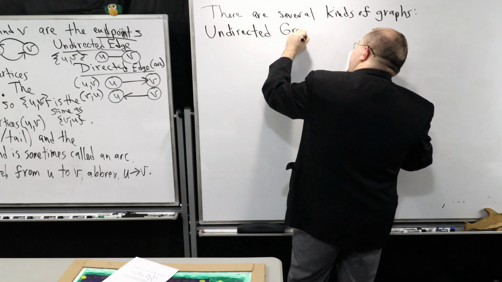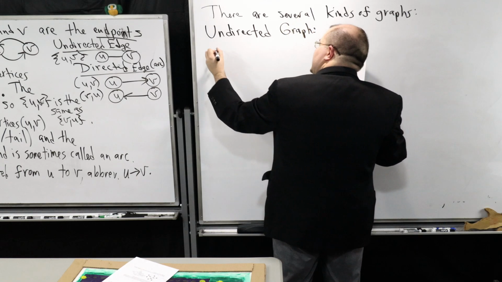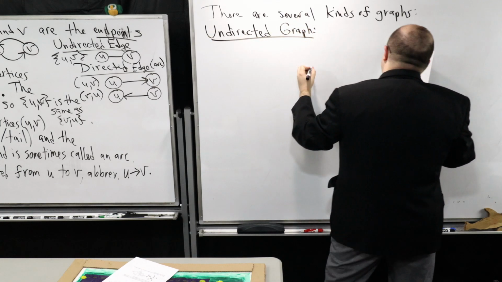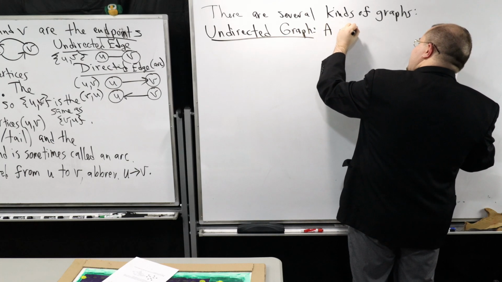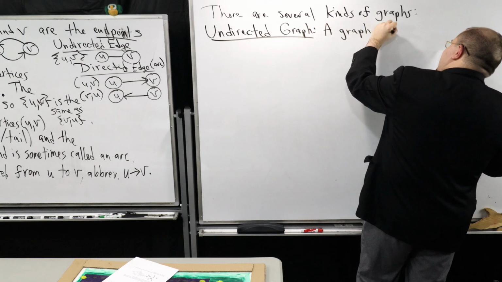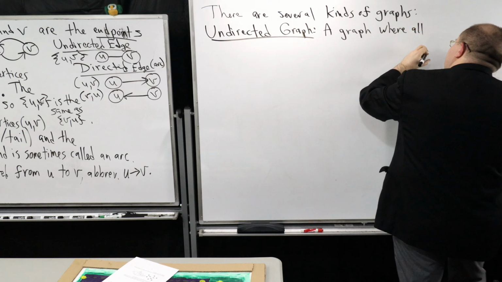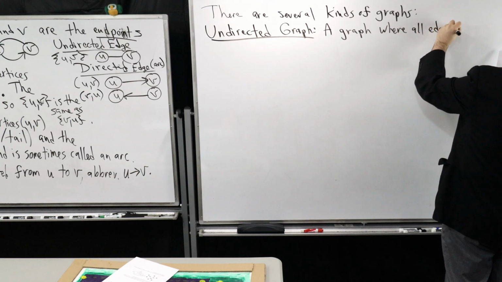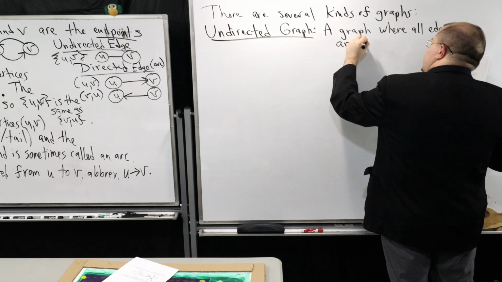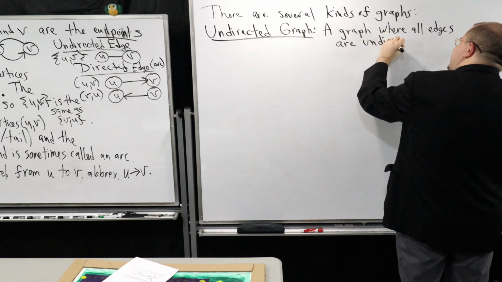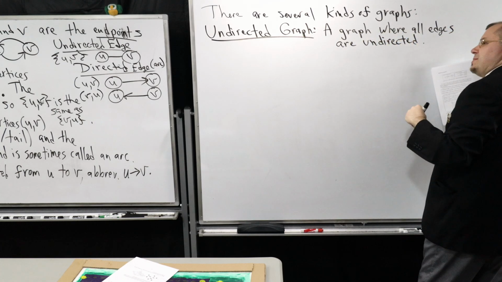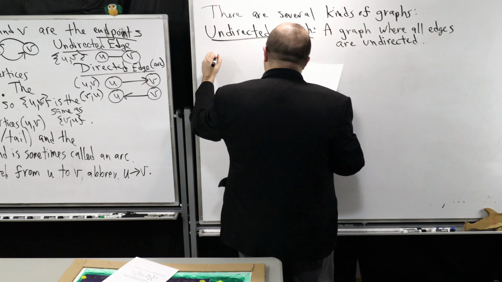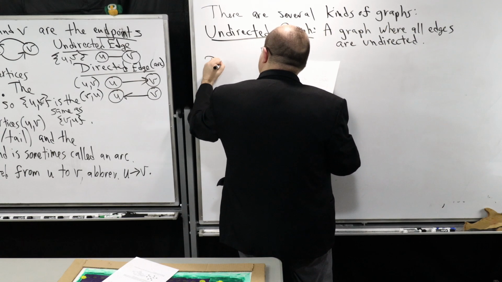But I just want to make sure I touch all bases, okay? So an undirected graph, very simply, is a graph where all edges are undirected. Seems very natural, right? You'll find that most of the terminology in graph theory is very intuitive like this.